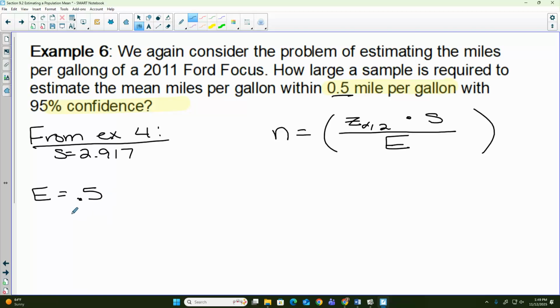My confidence level is used to find this z alpha over 2. This is a z, so we're on our normal table. Everybody flip to the normal table now. Kind of annoying going back and forth. 95% confidence, so that's 5% left over, or it means 0.025 is the area to the right.